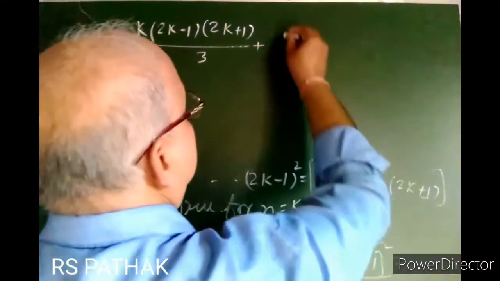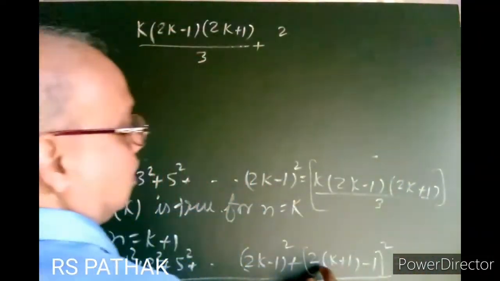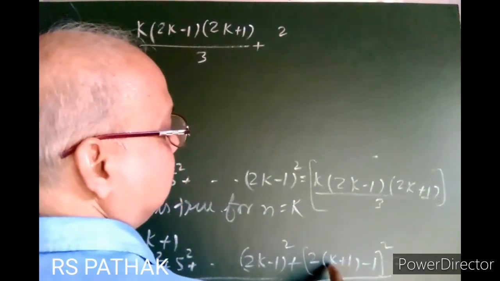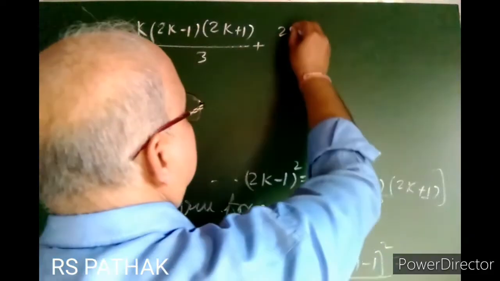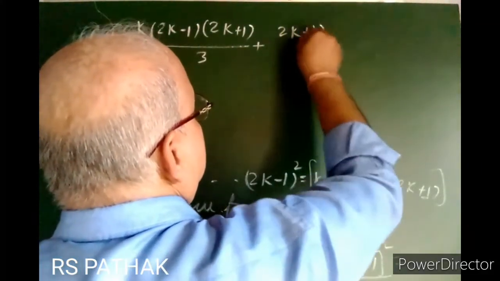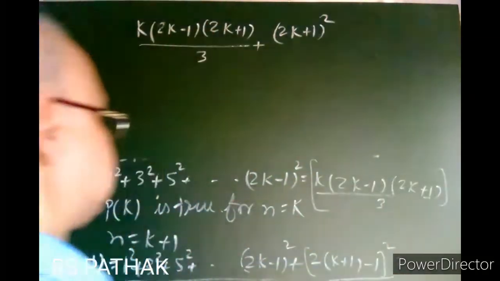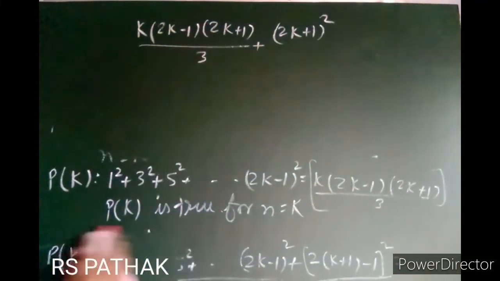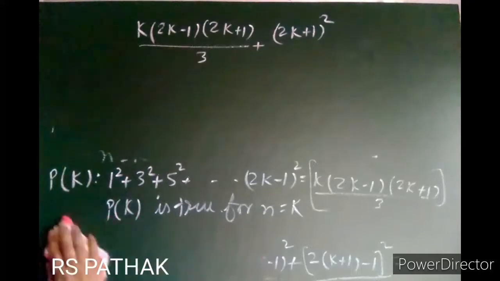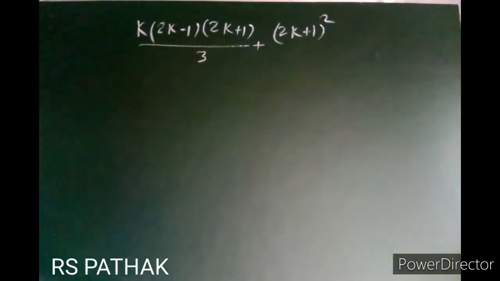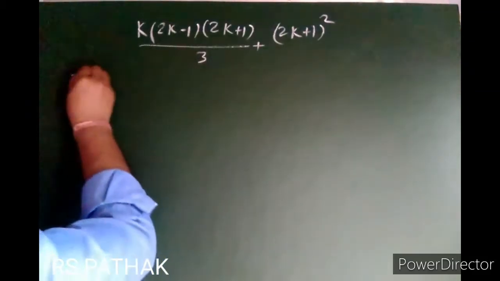Then we can write the extra term as (2k plus 2 minus 1) whole square, that is (2k plus 1) whole square. Now I will solve only this.